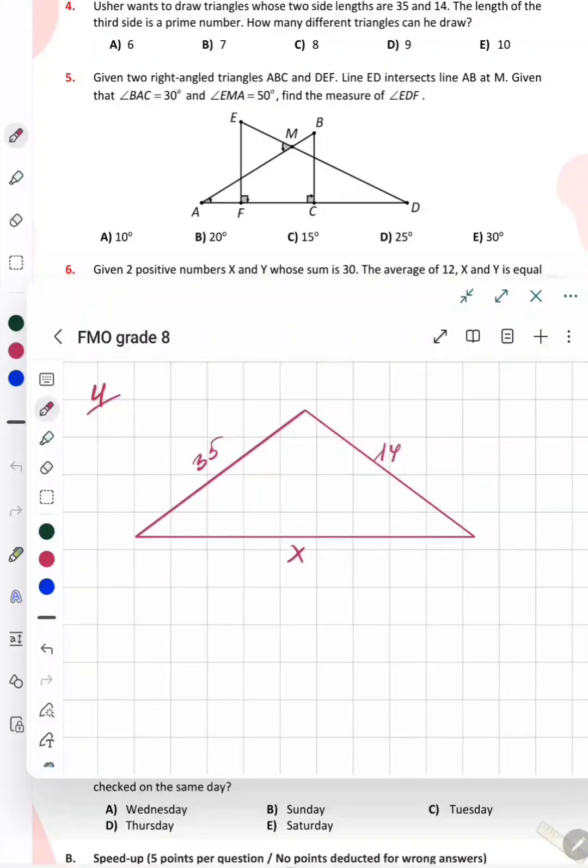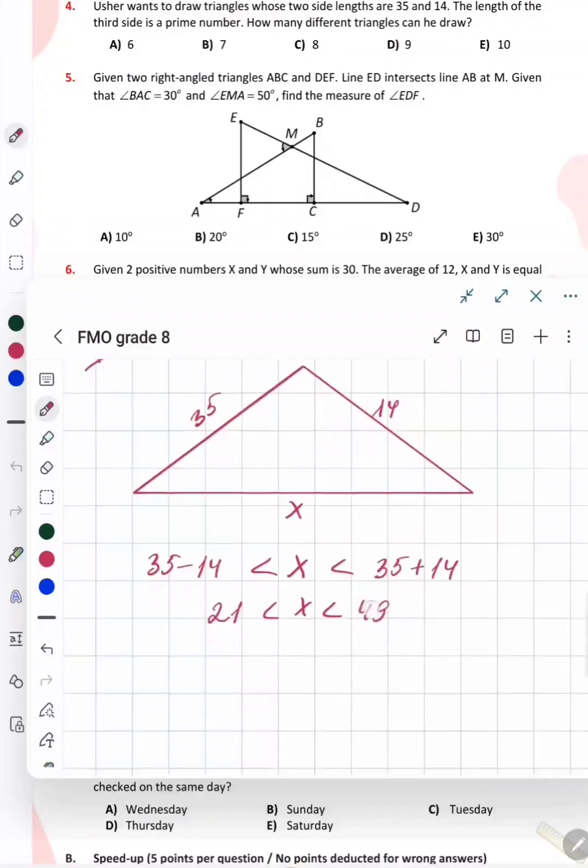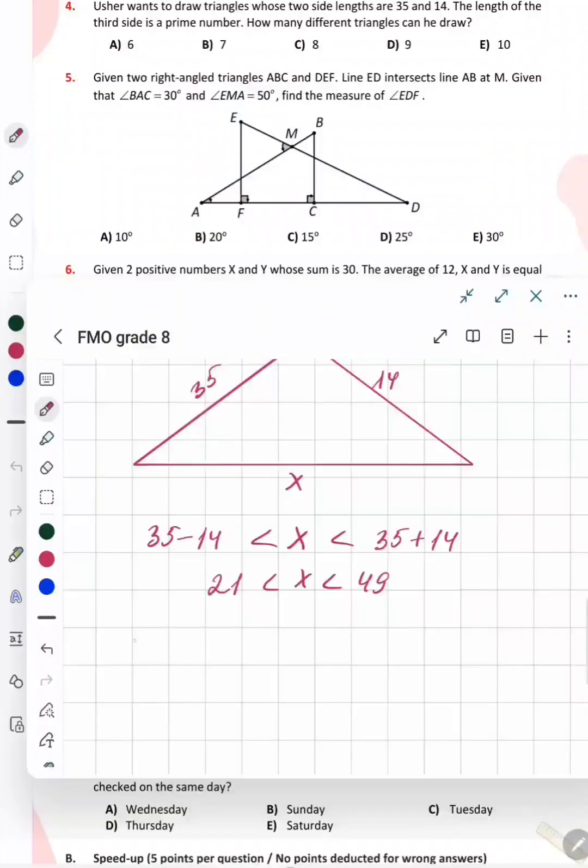The third side is x. According to the triangle inequality, x is in between the sum of the other two sides and the difference of them. So we get x is in between 49 and 21. So now we have to make sure that x is a prime number.